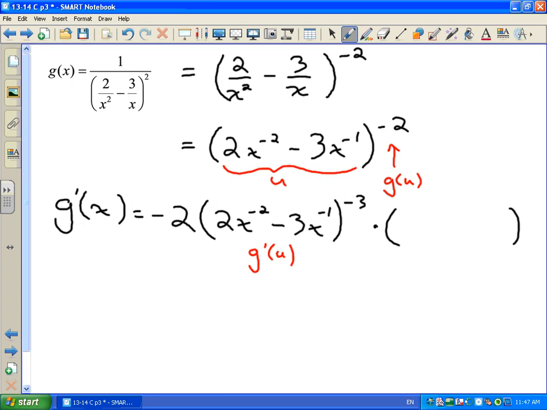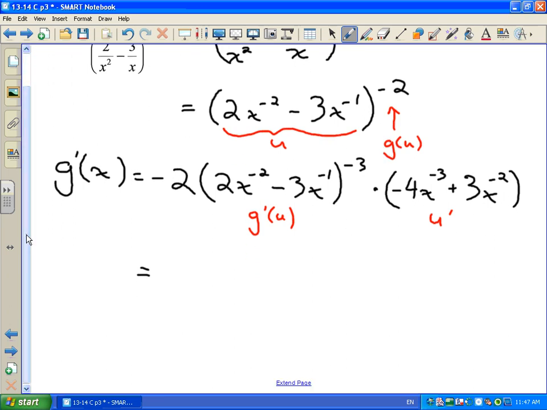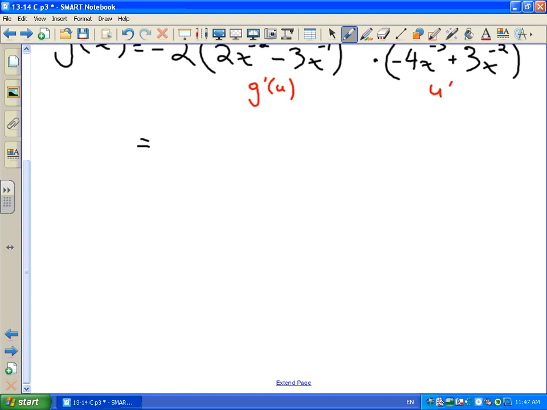So this is going to be negative 2 times 2 gives me negative 4x to the negative 3, plus the negative 1 times negative 3 gives me plus 3x to the negative 2. And that's my u primed. From here, it's just a matter of cleaning this up again.